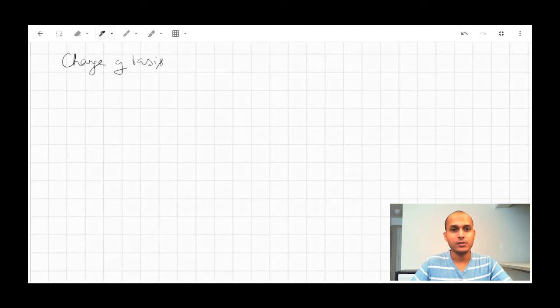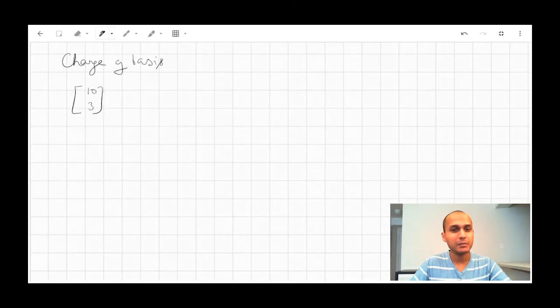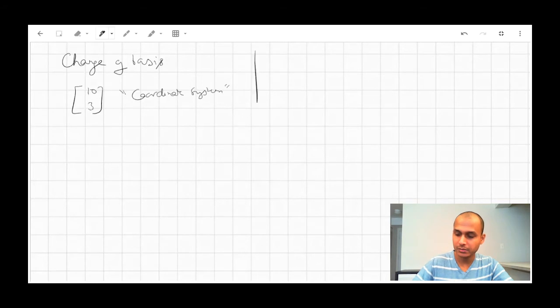Okay, so whenever I describe a vector, for example, I say, oh, I have a vector which is 10, 3, I'm actually implicitly telling you what is called a coordinate system. Right? I didn't have to tell you that the 10, 3 actually corresponds to an x-axis where there's 10 units on this side and maybe a y-axis with 3 units on this side, right?